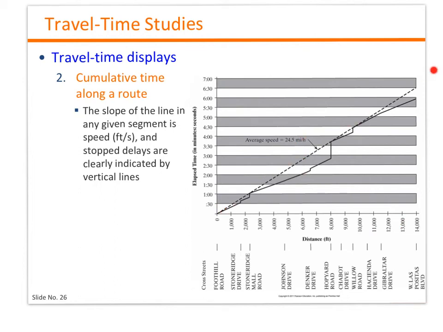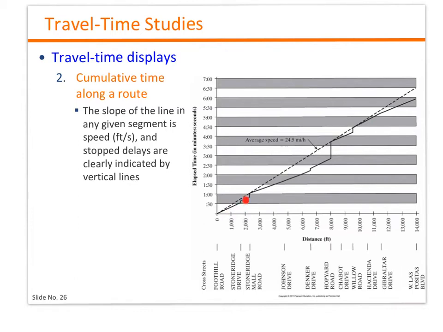The dashed line is the theoretical line, assuming that there are no delays and that you just went from the beginning of the route all the way to 14,000 feet without any stopping, and that shows you roughly the average speed. The slope of that line, at any given segment, is actually the speed. If you think about it, delta y over delta x, where delta y is the elapsed time and delta x the distance, so time over distance, gives the speed.